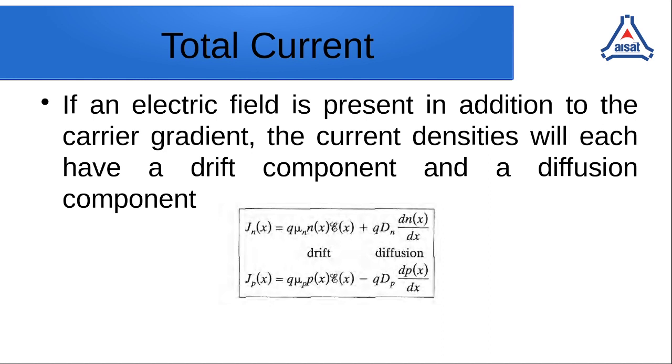So in a nutshell, the total current inside the semiconductor is due to the drift and diffusion current of both electrons and holes. Whenever we discuss current in a semiconductor, we need to understand what is a drift current and what is a diffusion current. Drift current is due to the applied electric field, and diffusion current is due to the change in concentration of the carriers inside the semiconductor.